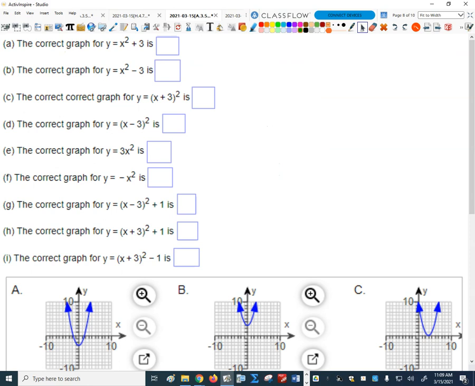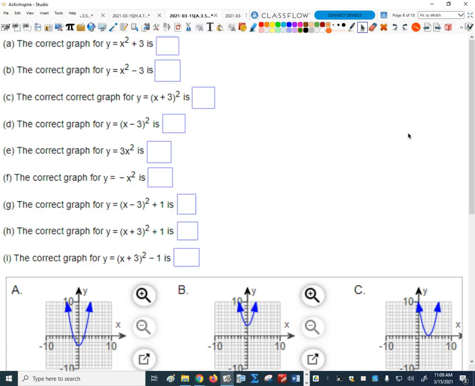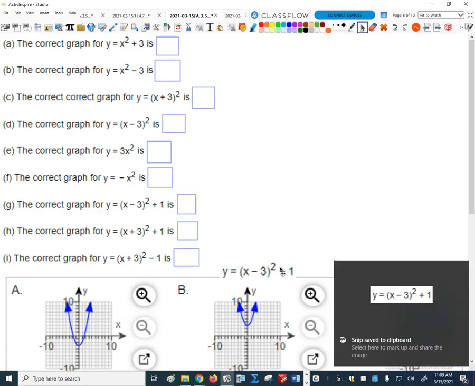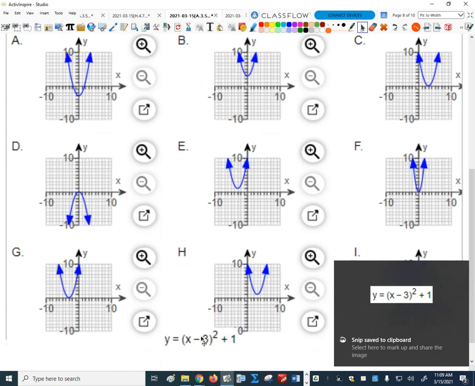How about this one? So we won't have to do all these things, but let's just skip down and let's try, how about, let's try G first. Okay, so there's the function down at the bottom.